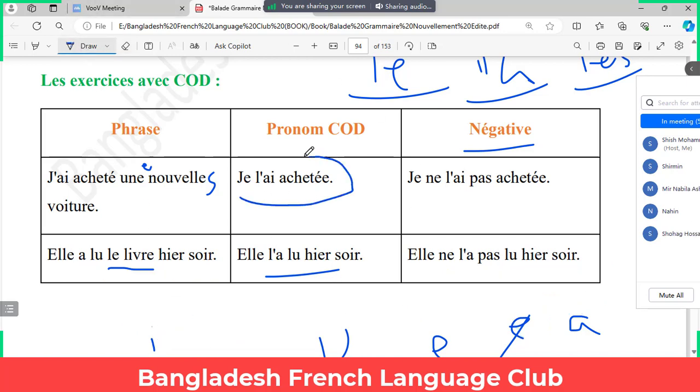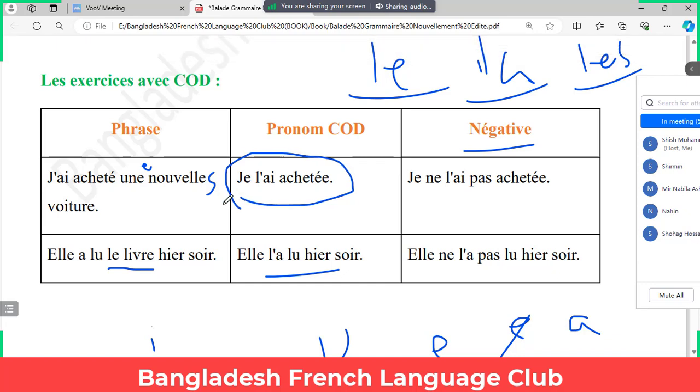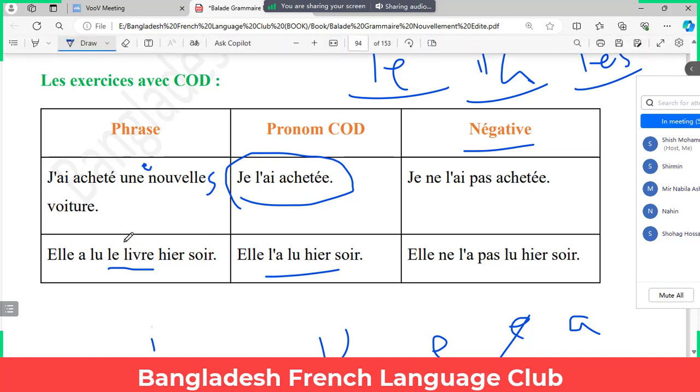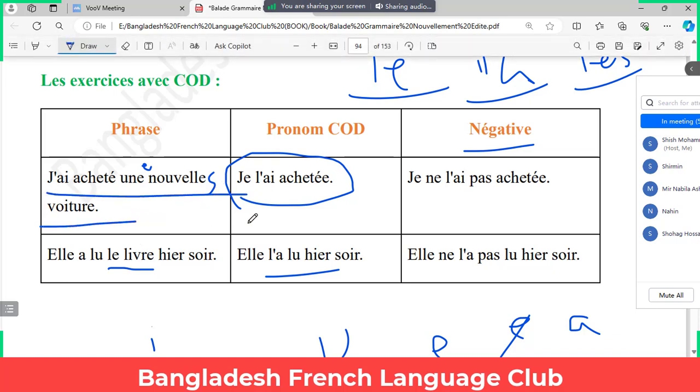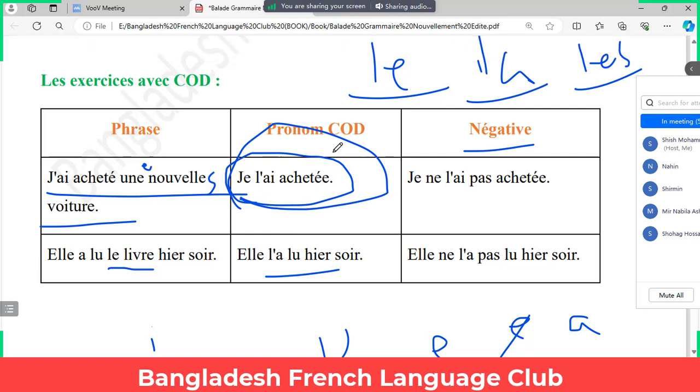So in this sentence, without these changes like utilization of lo, la, les, do you see any more changes comparing to the previous sentence? Do you find any more change? The verb is changed, with an extra e. Right. Yes. So why?